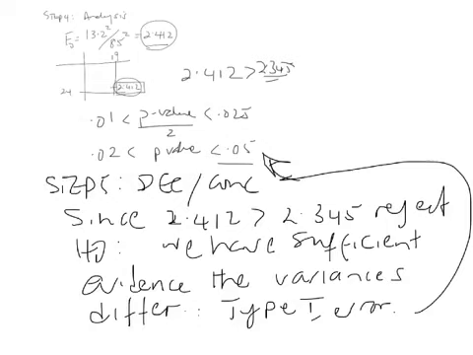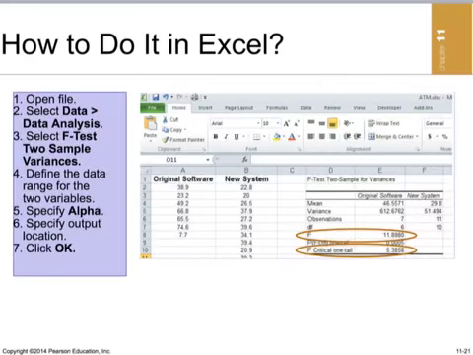So here we go. That was fairly straightforward, I think, to solve an F-test for difference between variances. That test can be done in Excel and will be demonstrated in a separate video.